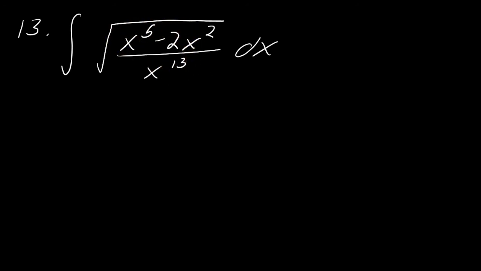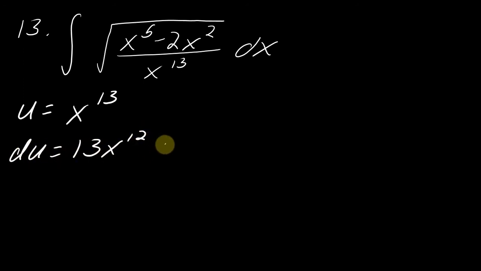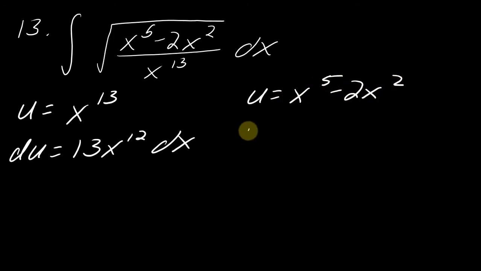You might have noticed, as you tried to do substitution, like maybe you tried to substitute out the denominator, and then it didn't make sense because you don't have an x to the 12th on top here. And if you tried to set your u equal to maybe the top, it still doesn't make sense because then you have no way to get to the denominator.